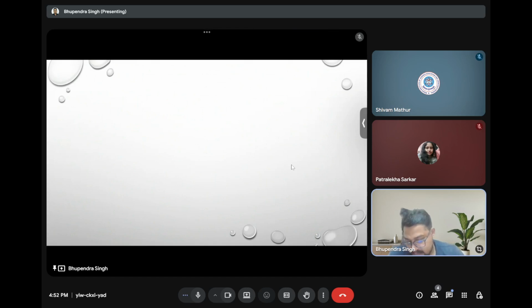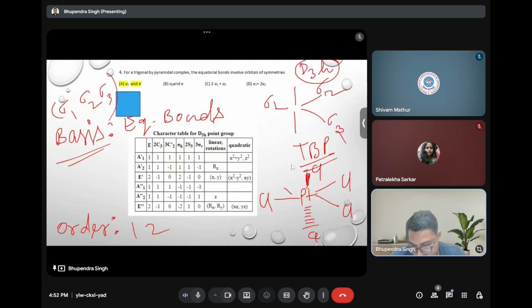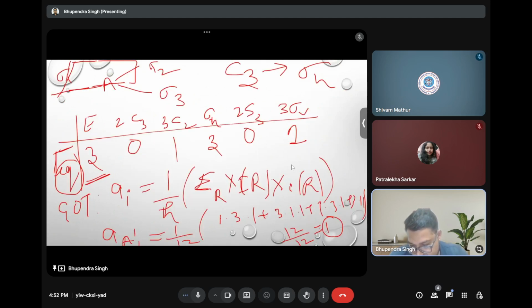So in this table, how many symmetry symbols do we have? 6.